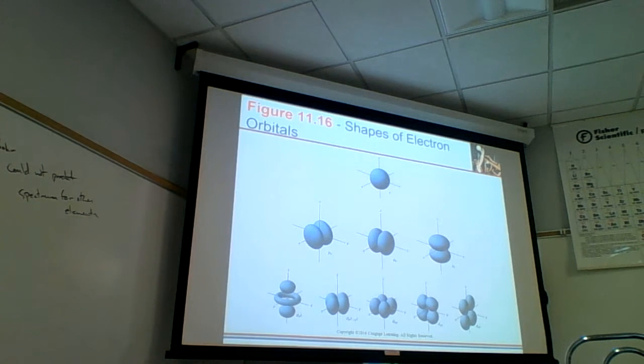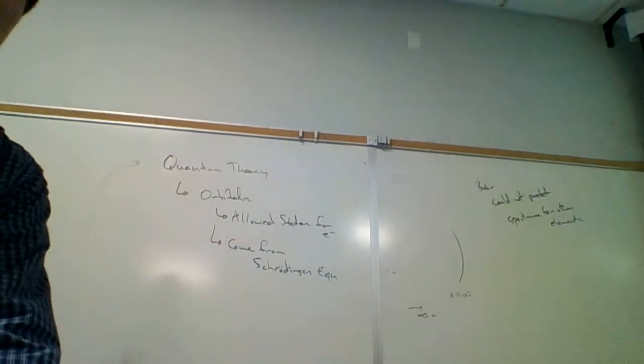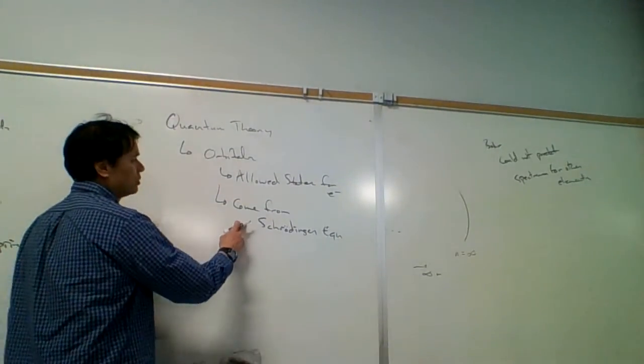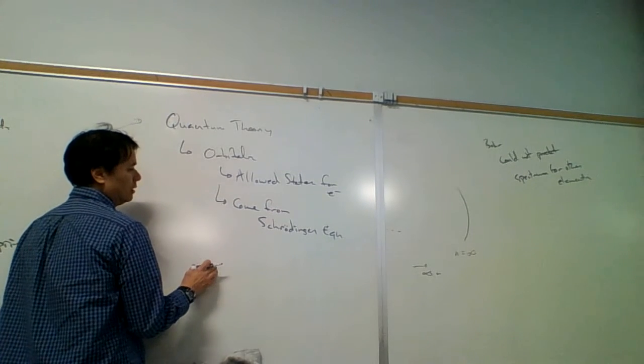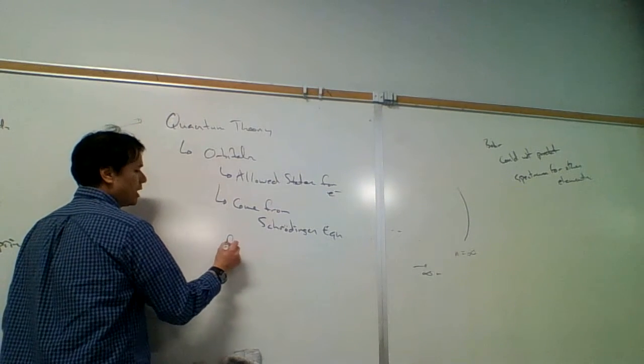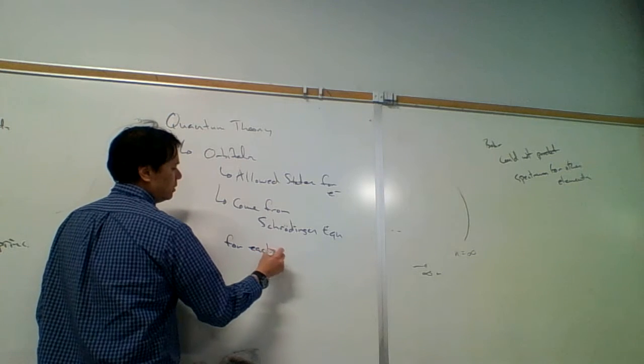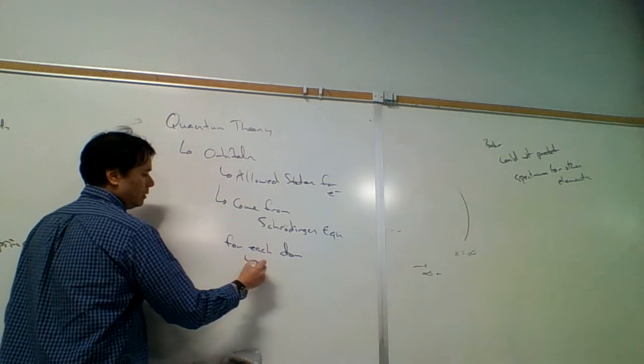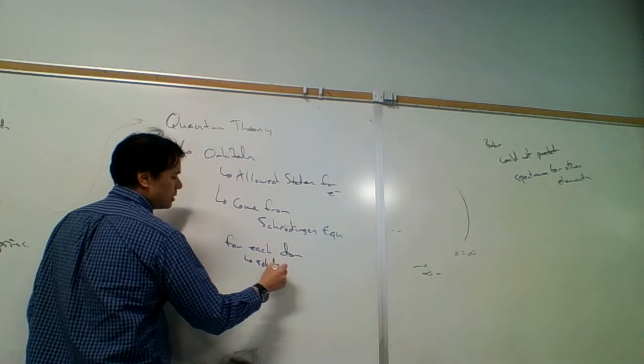The Schrödinger equation is just the physics of this. If you incorporate the wave properties of the electron along with other standard physics concepts, we can come up with the Schrödinger equation. From the Schrödinger equation, then we get the solutions. For each atom, the solution to the Schrödinger equation tells us the allowed energy.